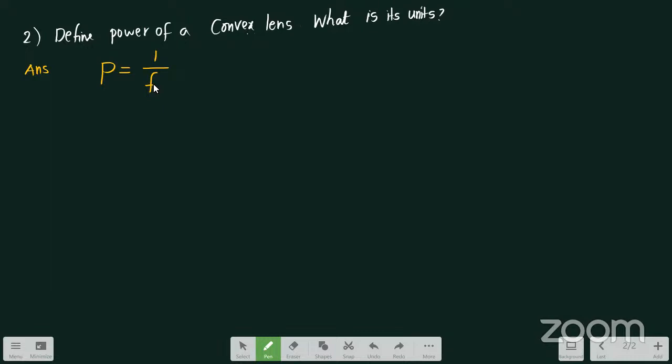So how can you define power? Power is equal to the reciprocal of, what does F represent? F represents focal length.